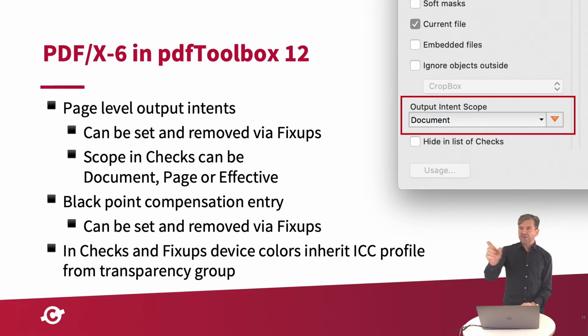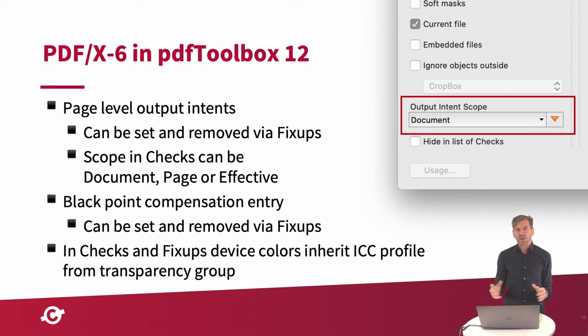So for every check in pdfToolbox you have now, you can specify an output intent scope. So you set up a check using properties, and in probably most cases, this new setting doesn't have any impact.